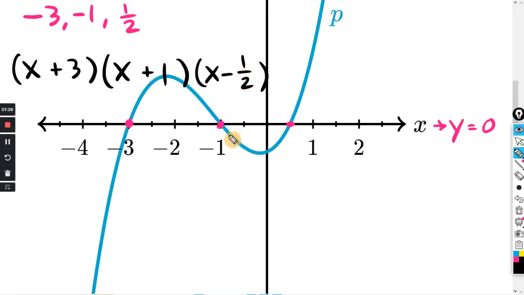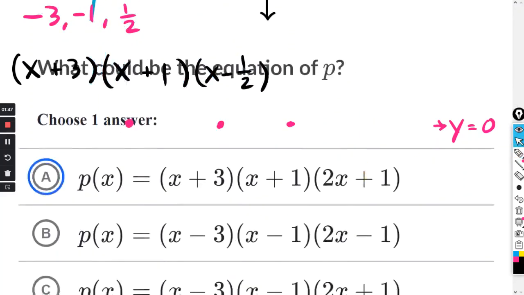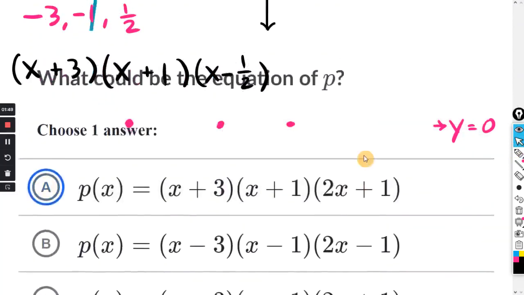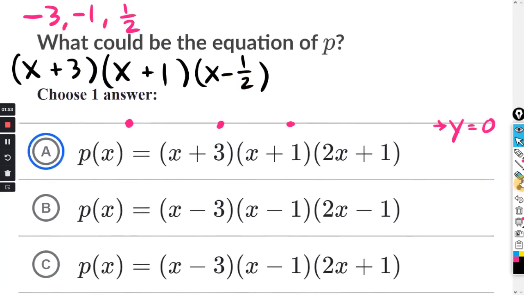The only small problem is they don't have fractions in their answers. Okay, if you scroll down, you can see none of their answers have fractions in them. So what you do for the x minus 1/2 is basically multiply by the denominator. Okay, so if you take a 2, the denominator here is 2.